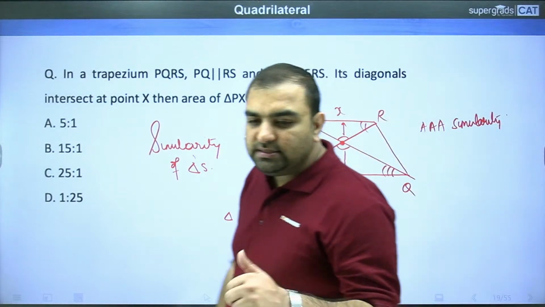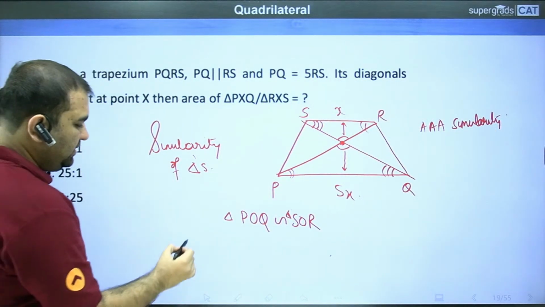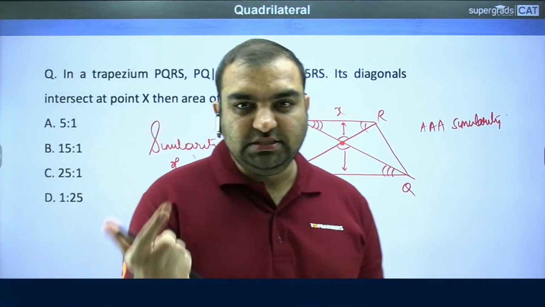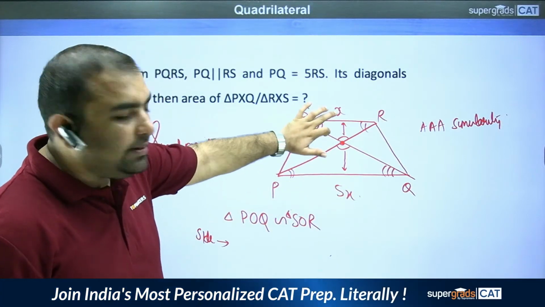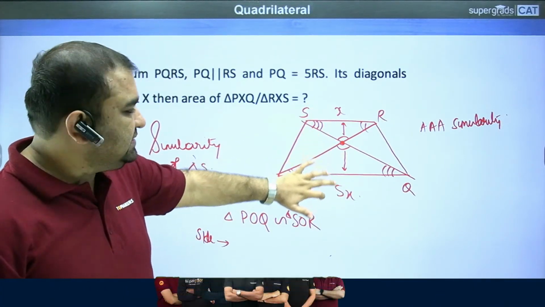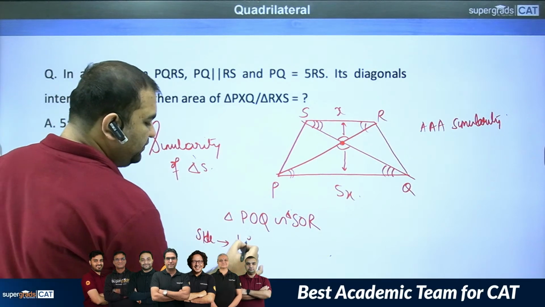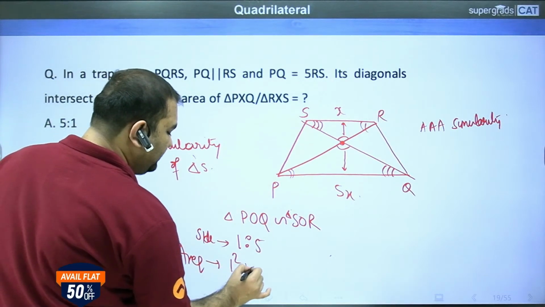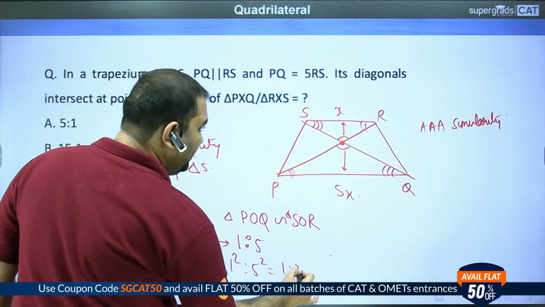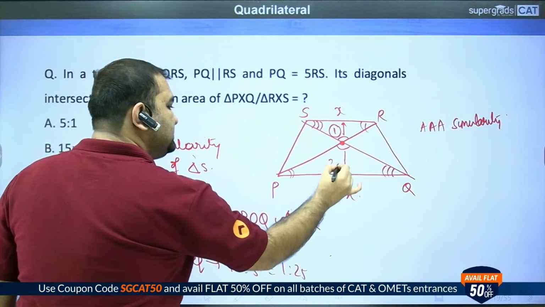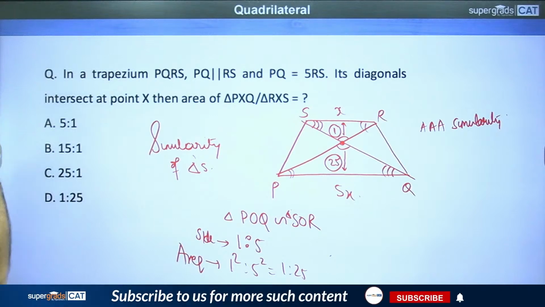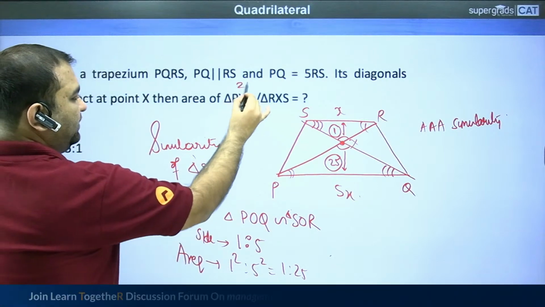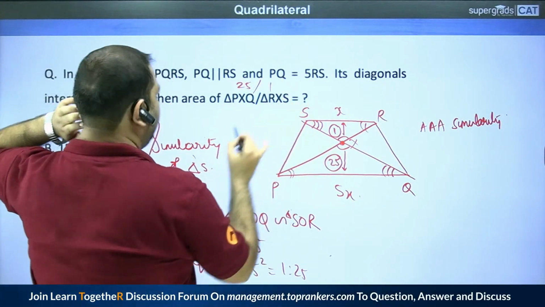So if sides of the similar triangles are in the ratio 1:5, then the area would be in the ratio 1 square to 5 square, 1:25. So they are asking PQX, that is 25, and RXS, that is 1.